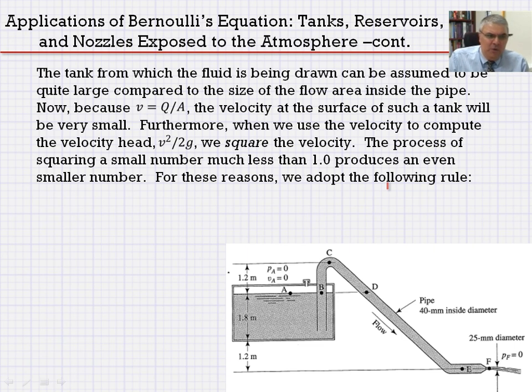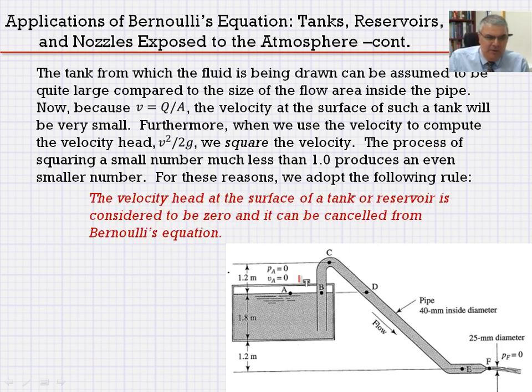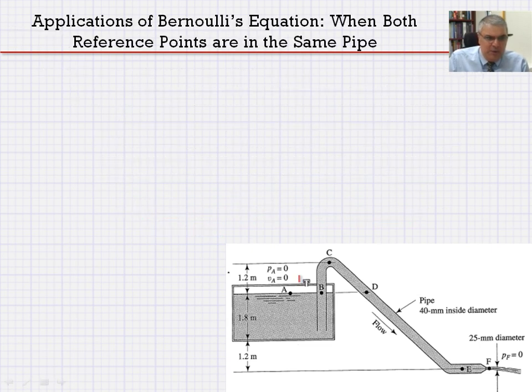V sub A would also be 0 because at the surface of the tank, there would be no velocity associated with the water. In that case, that would cancel out too. So I'm going to skip a few of these. The velocity head at the surface of the tank in a reservoir is also considered to be 0, and it can be cancelled out from Bernoulli's equation.